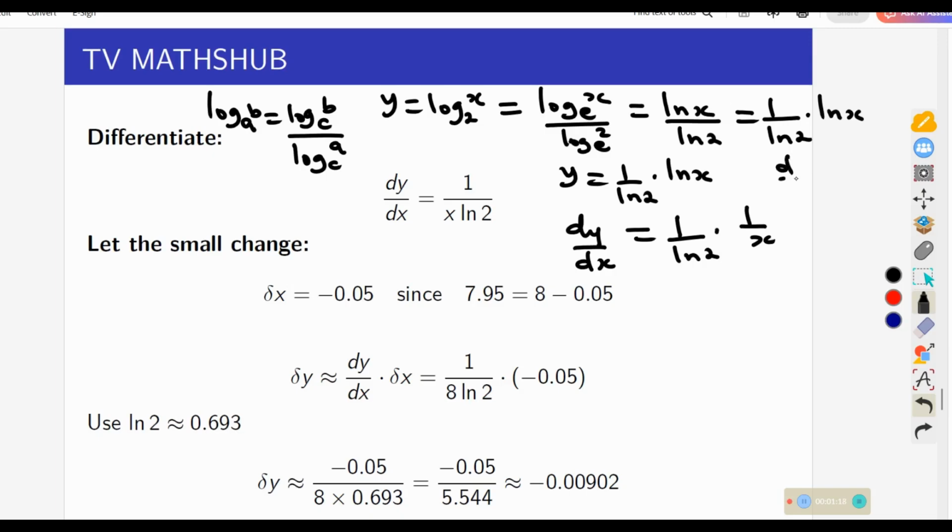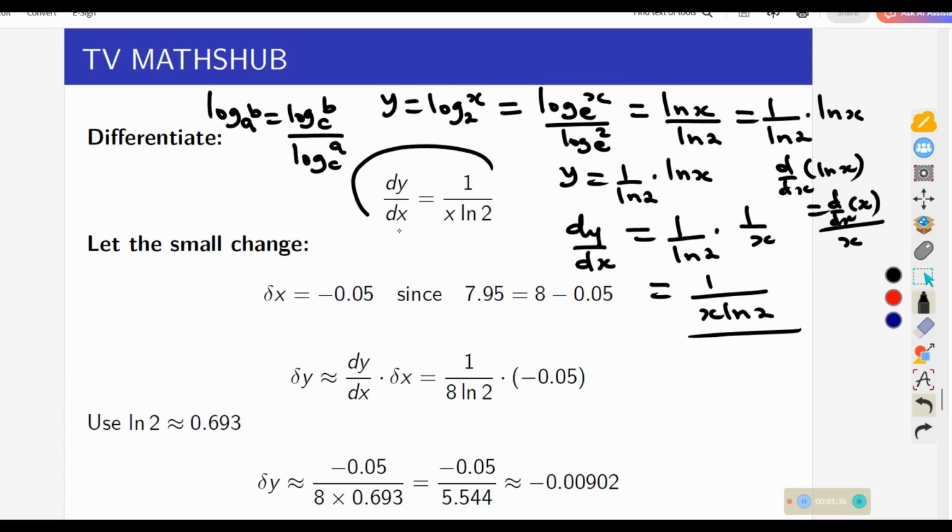Remember, how do we differentiate ln of x? You differentiate the function, which is x, then you divide by the same function. When we do that, we get this, which you can easily write as x ln of 2. So this is your dy/dx.